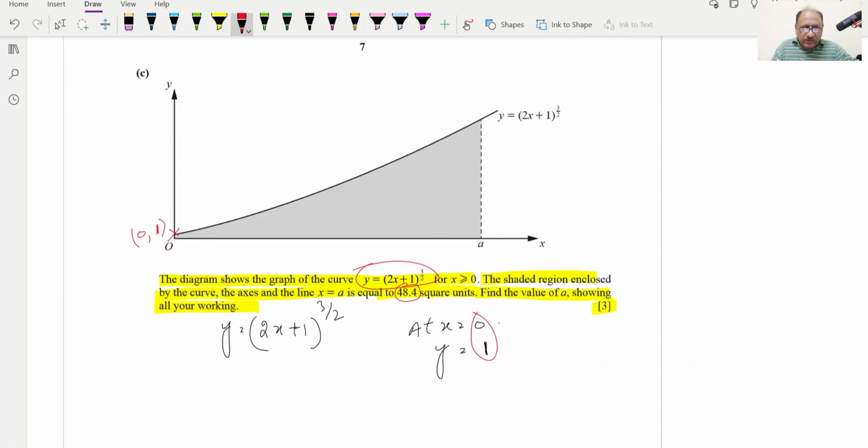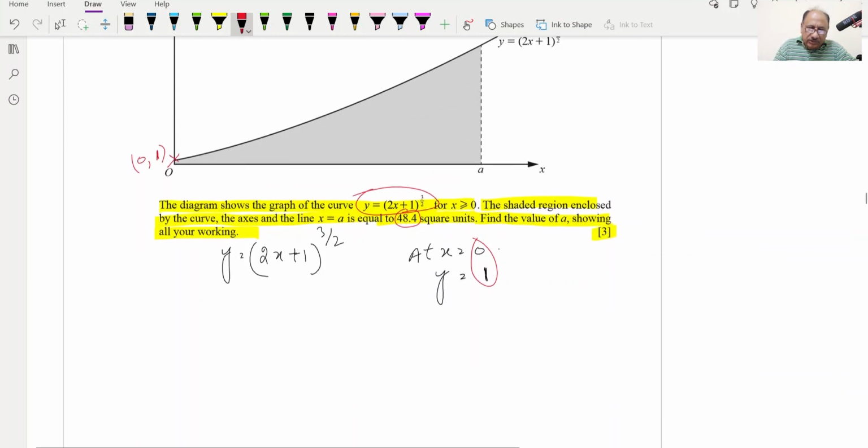Next we can integrate, and the integral of the given equation will be the area under the graph, and the area under the graph we can write as the integral of 2x plus 1 raised to the power 3 by 2 dx, and this is provided as 48.4.